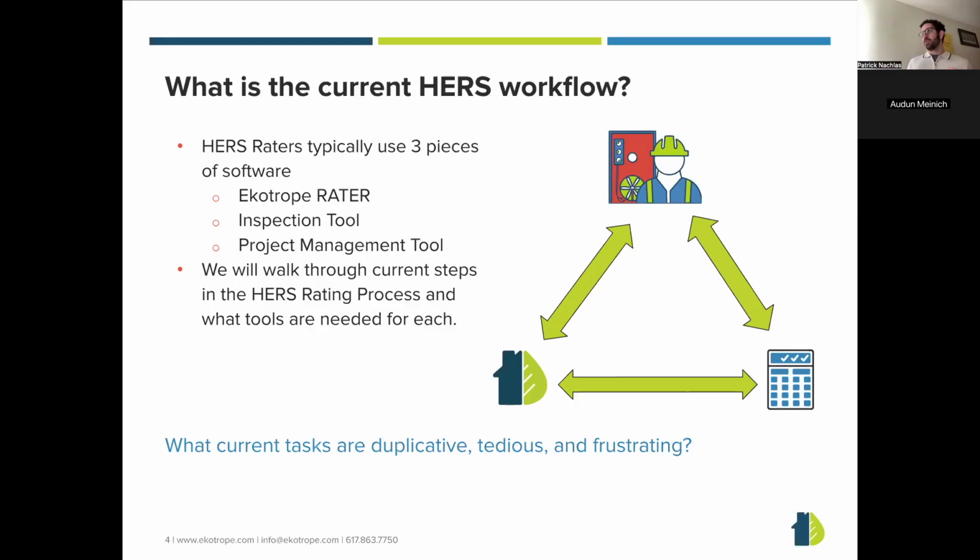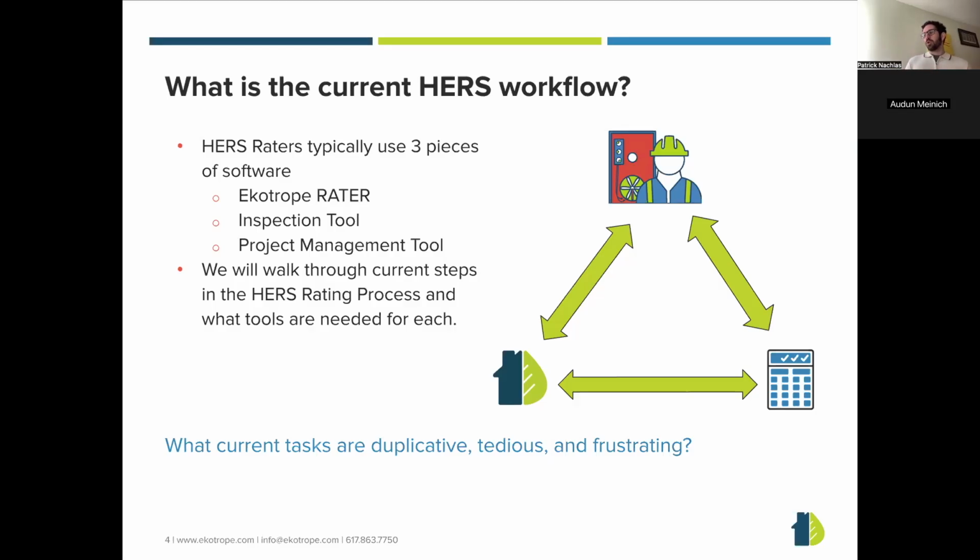The three tools are Ekotrope Rater, you've got to build your energy model. You need a tool to do your data collection. And then you need a project management tool to keep everything organized and connect it with the rest of your business.